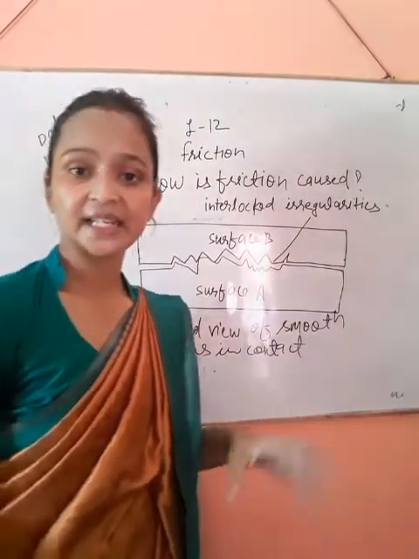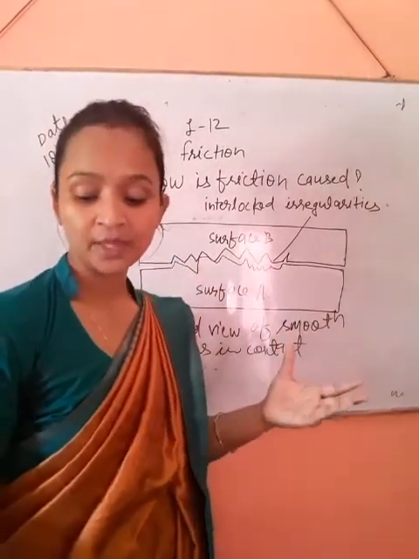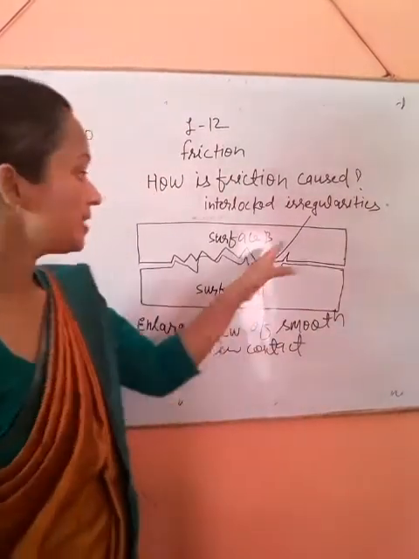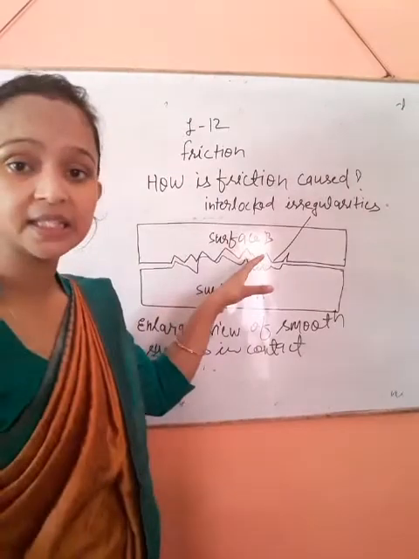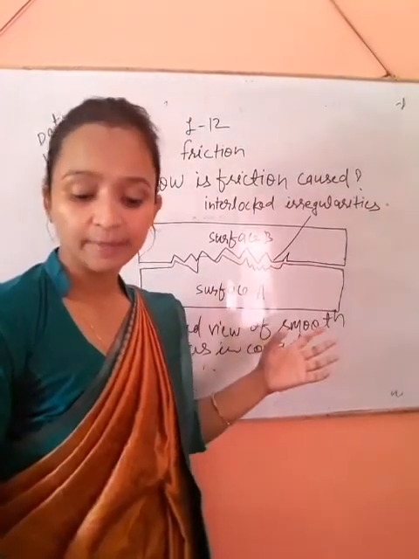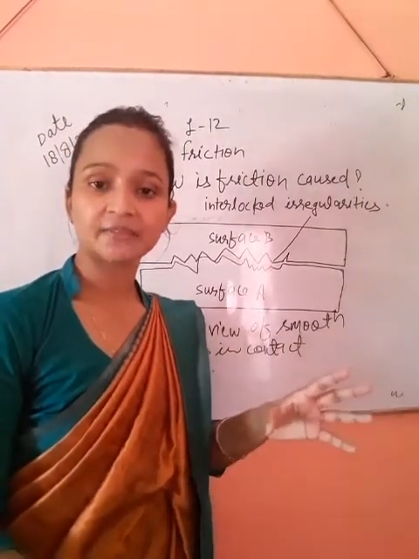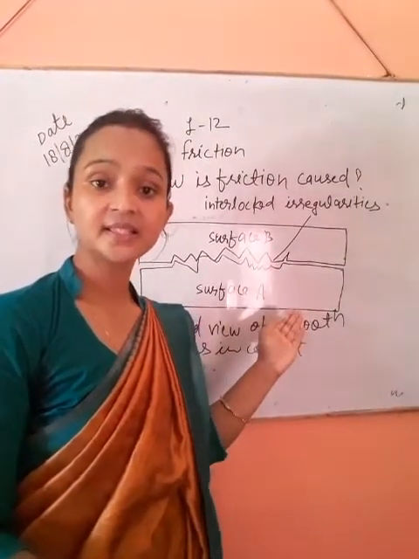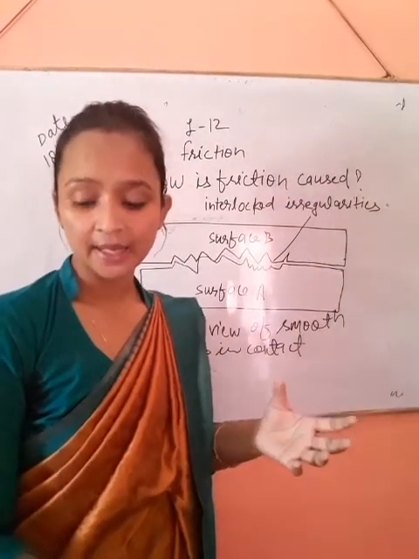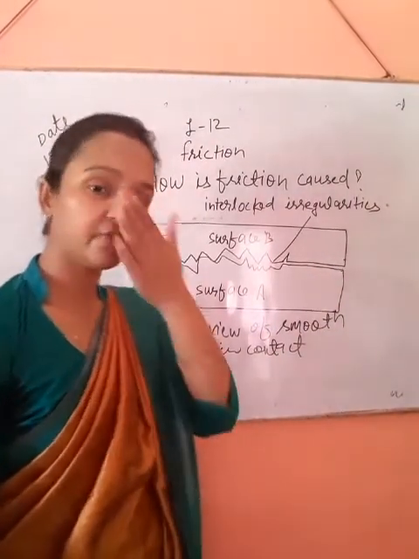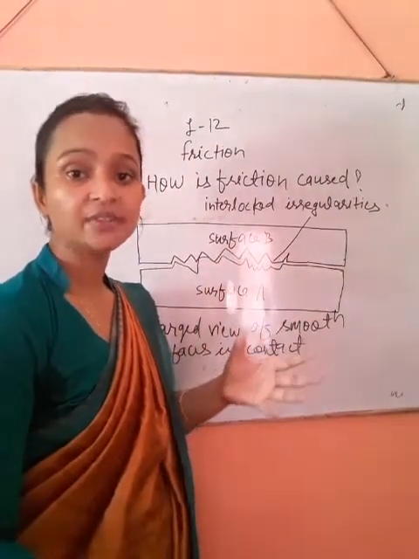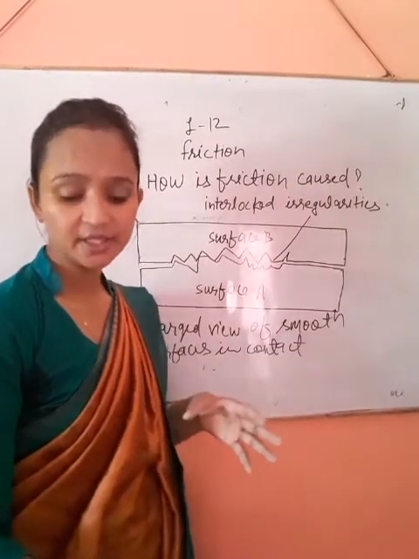So we can say that the more irregularities there are in the two surfaces, then when they come in contact, the rougher the surfaces in contact, the more is the force of friction. The rougher it is, the more friction is caused.